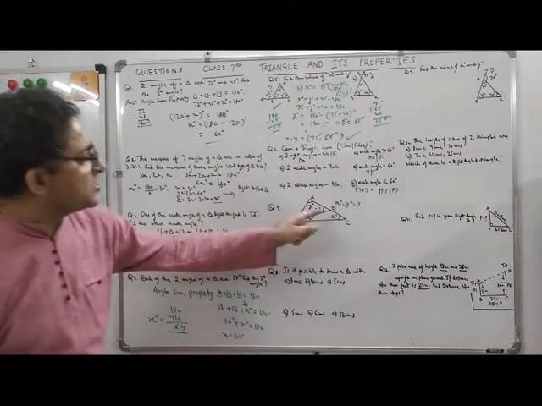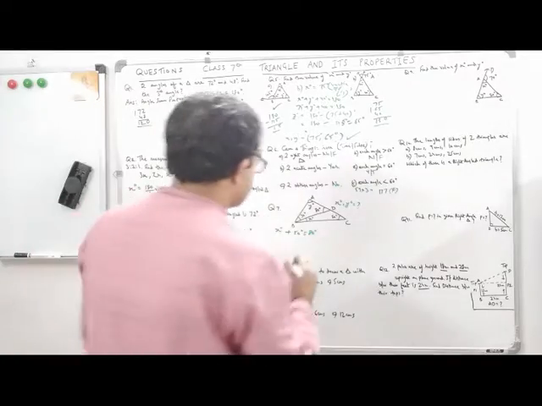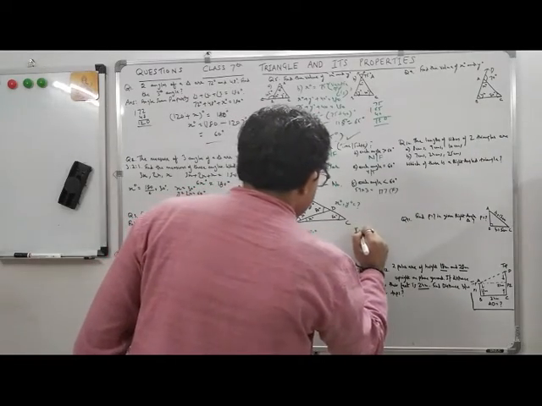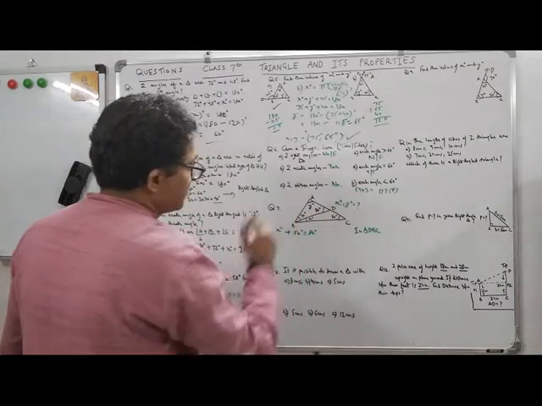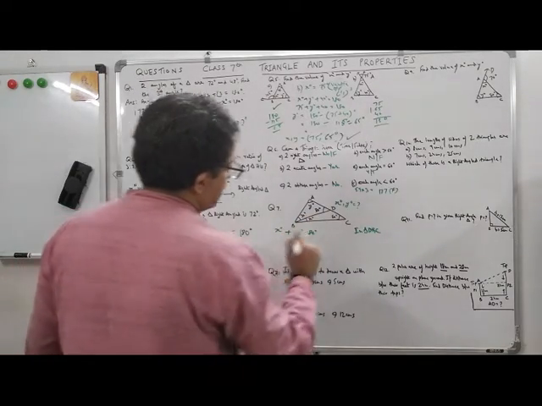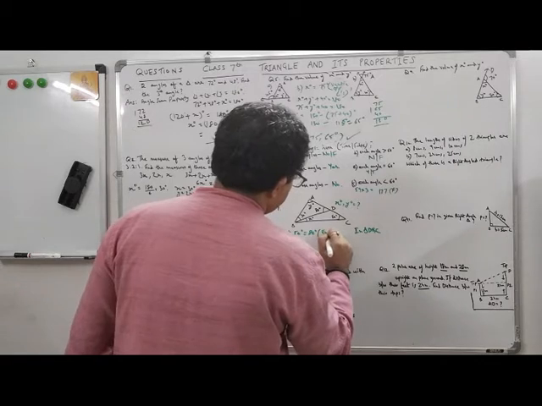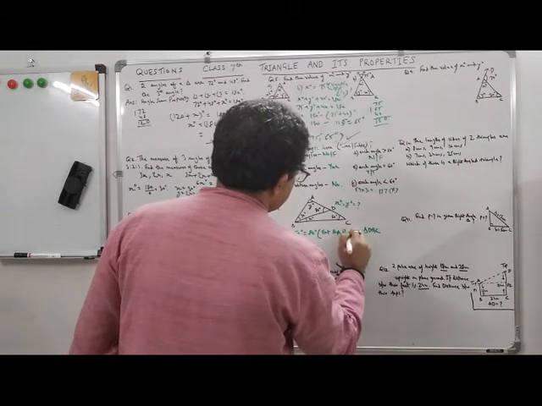I think you should agree because this is the exterior angle in triangle DBC. In triangle DBC, angle X degree plus 50 degrees is equal to 80 degrees. This is exterior angle property.